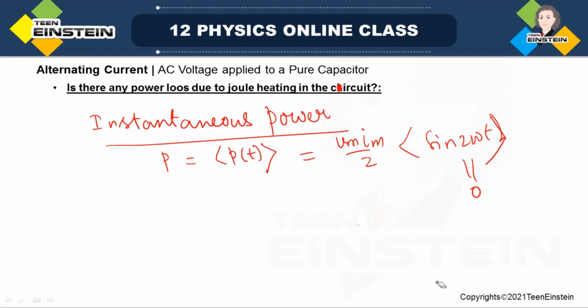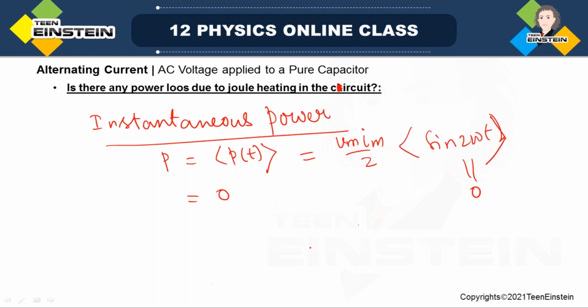So what is the average power dissipated in the purely capacitive circuit? That is also 0. So the average power dissipated in the capacitive circuit is 0.